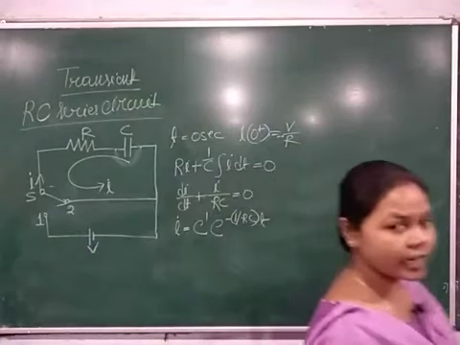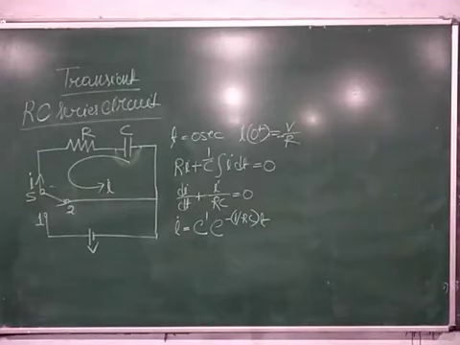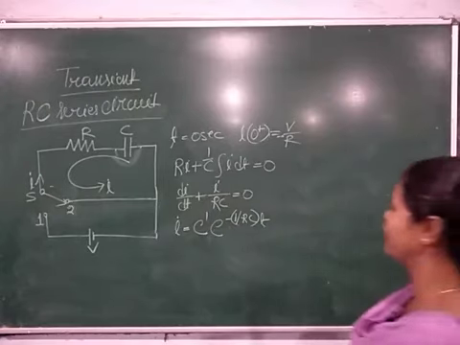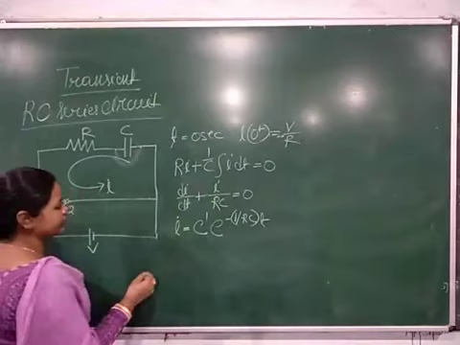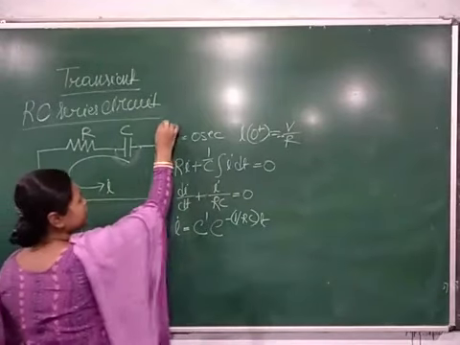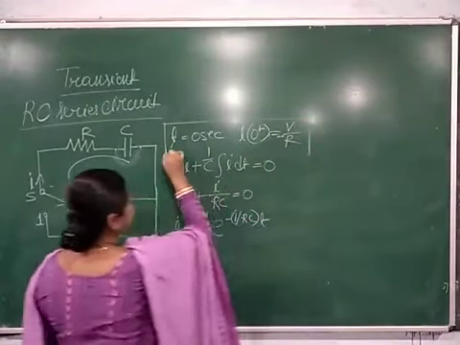In this equation you have to find the value of the constant, not K, it is C dash, by taking the initial condition. Which initial condition? This initial condition.